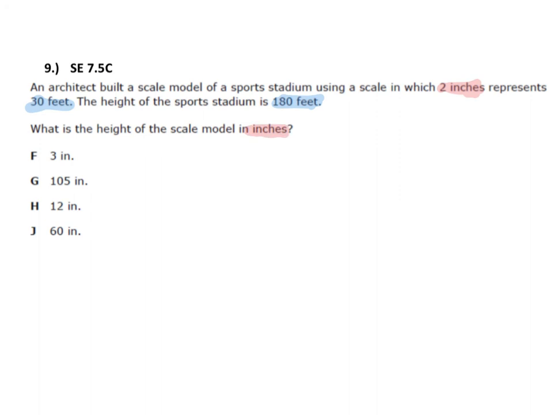So we're looking, our inches is going to be our red here. So we want inches on top, and we want feet on the bottom. We want that because our x is up top, because we are looking for the inches.